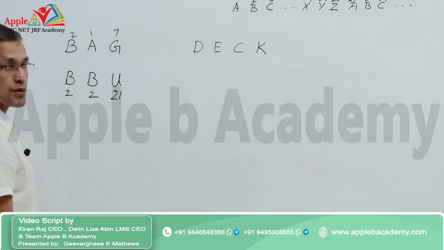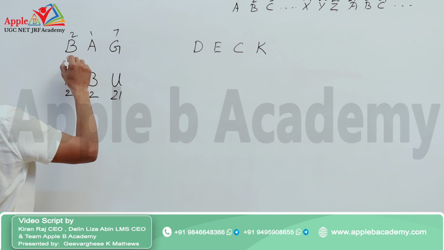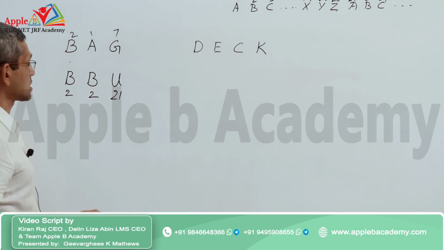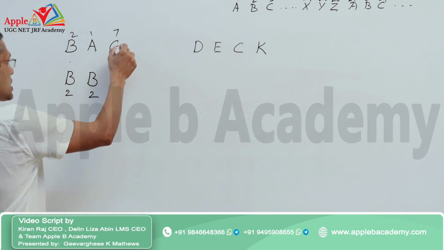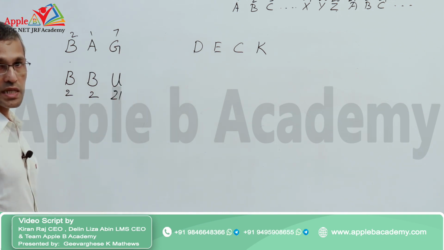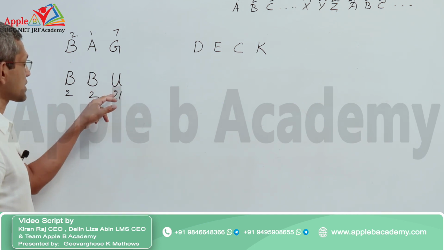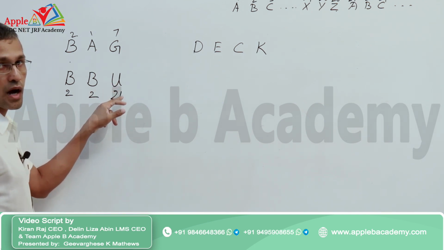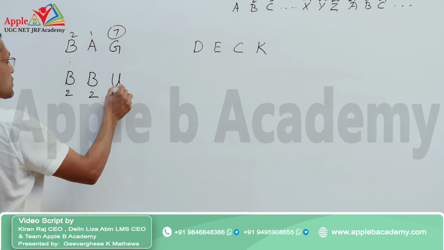At a glance, what I can see here: A and B, that's the next letter. However, G, that is not the next letter or the second letter after G. If it were the second letter after G, that would be I, but that is not the case. Here it is 7, this is 21.